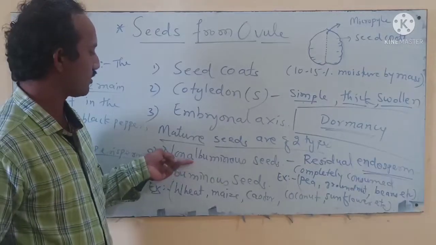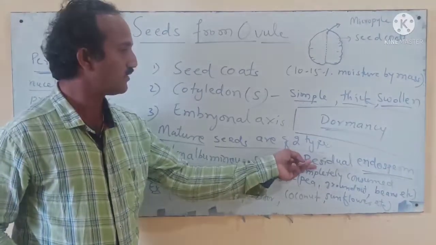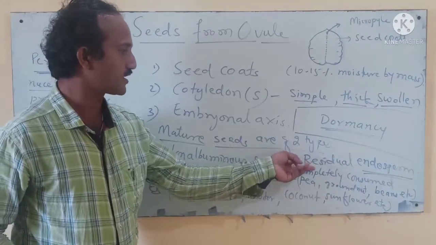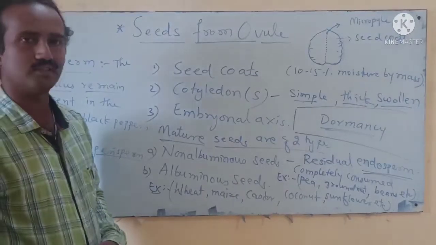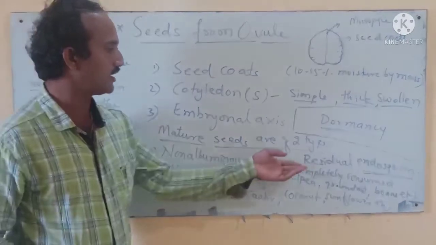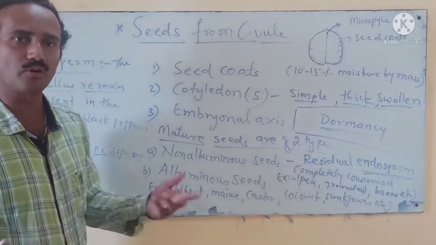Non-albuminous seeds are those in which the residual endosperm is completely consumed during embryo development.